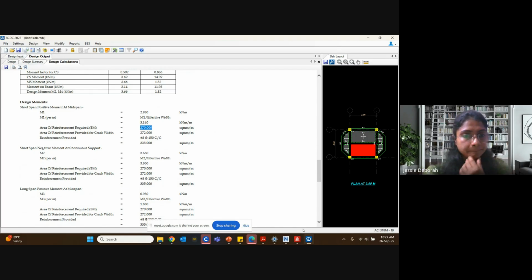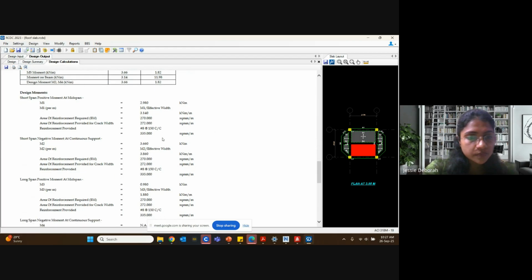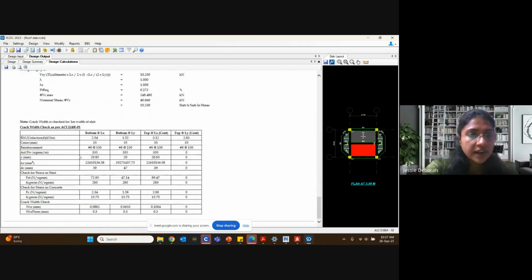Okay, so based on that our rebar is also getting calculated. Now we did the crack width check. For crack width check we have this code. Even in our Indian standards, we use ACI 224R for crack width. Okay, right, so this is done.